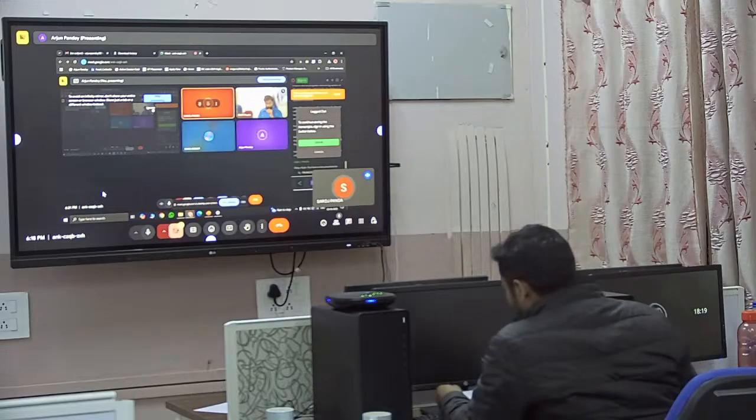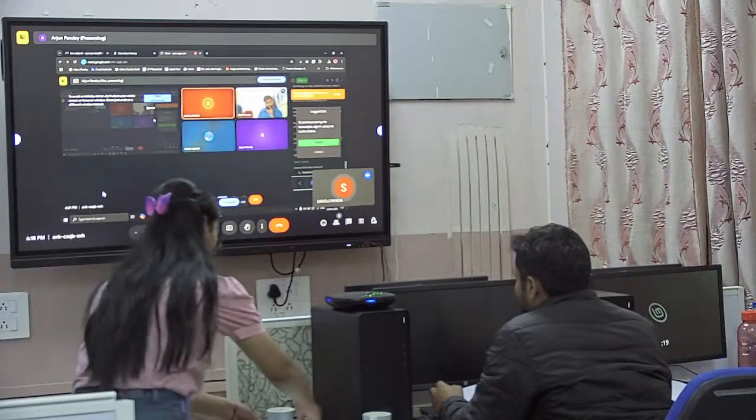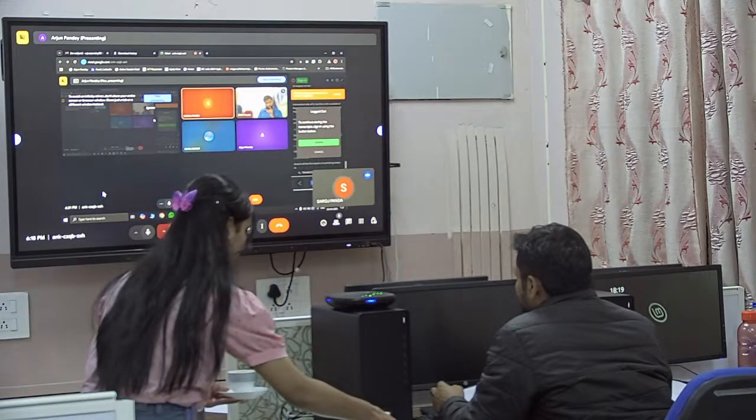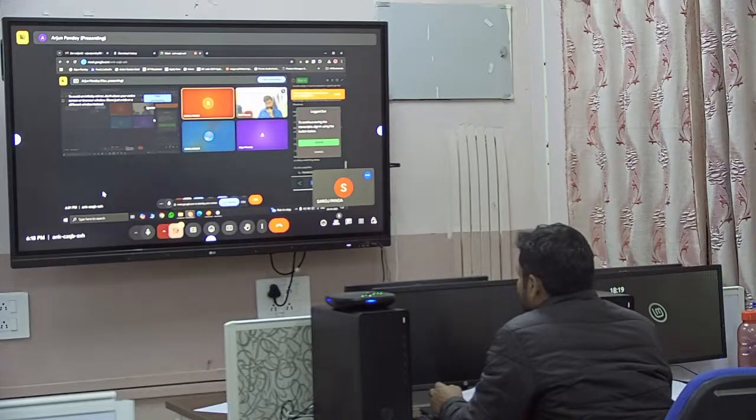So I just want to ask three questions. What will be the impact of switching losses or switching delay on this amplifier output?